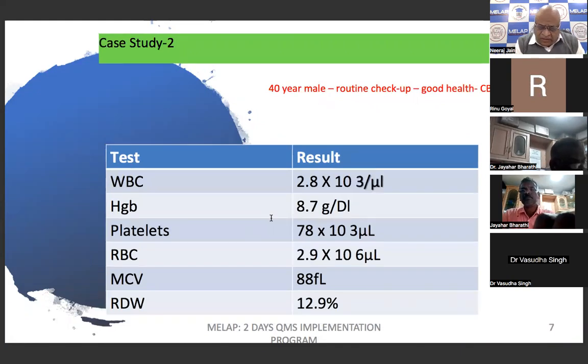Now, another case. Hemoglobin 8.7, TLC 2800, platelet count 78,000. This patient also came for a routine checkup. Pancytopenia.